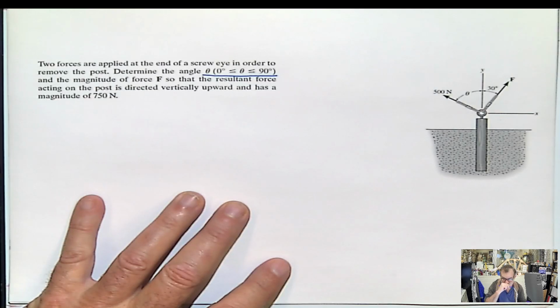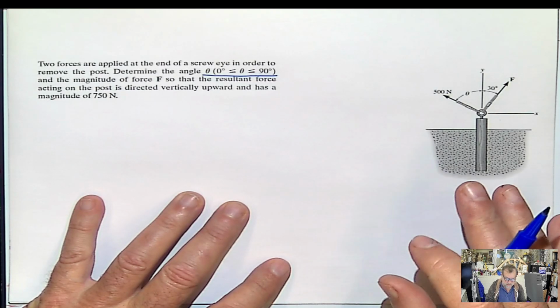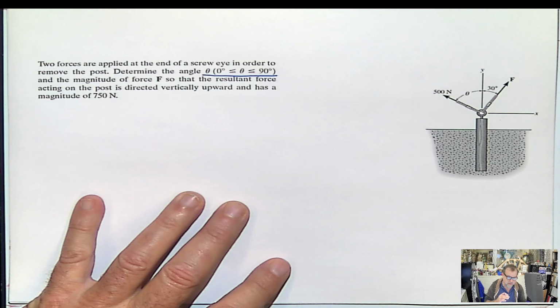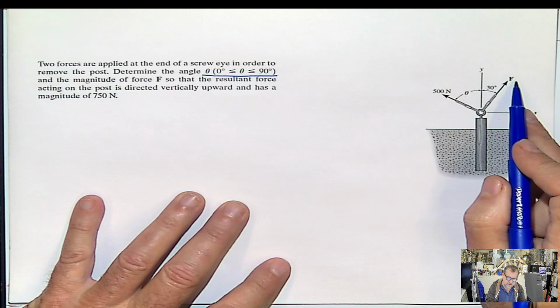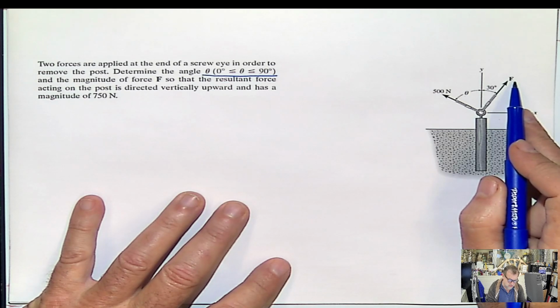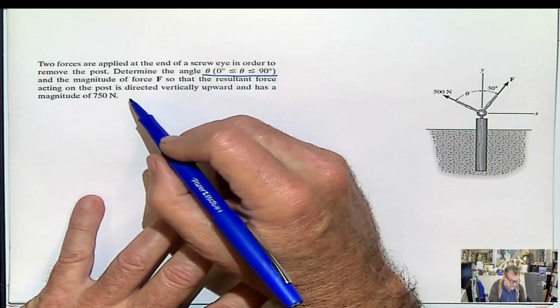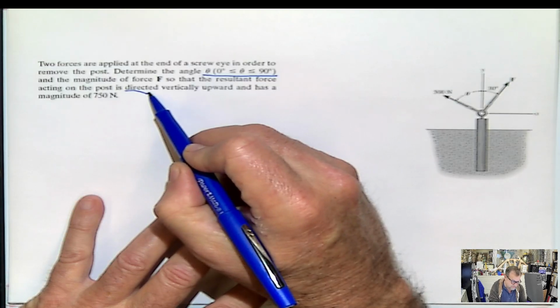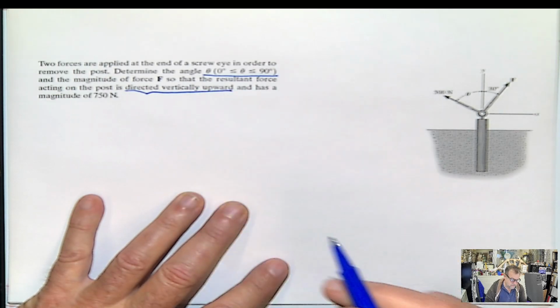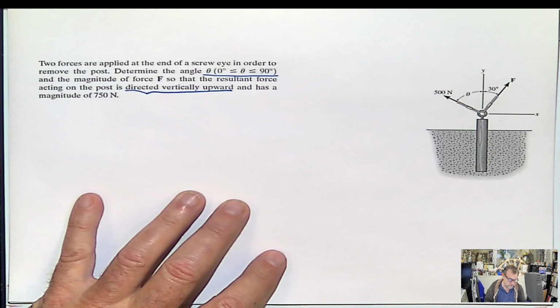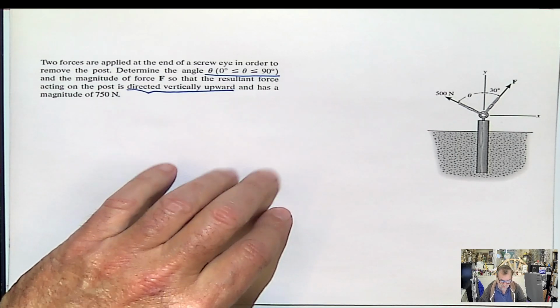So we don't know this angle and we don't know the force F. We have to know something else. In this type of problems in 2D, usually the maximum amount of unknowns that you can have is 2. So you can solve it, no more than 2. And so far these are unknowns to us. But they say that the resultant force is acting, and this is extremely important, because that's giving you the direction of the resultant force and the magnitude of the resultant force.